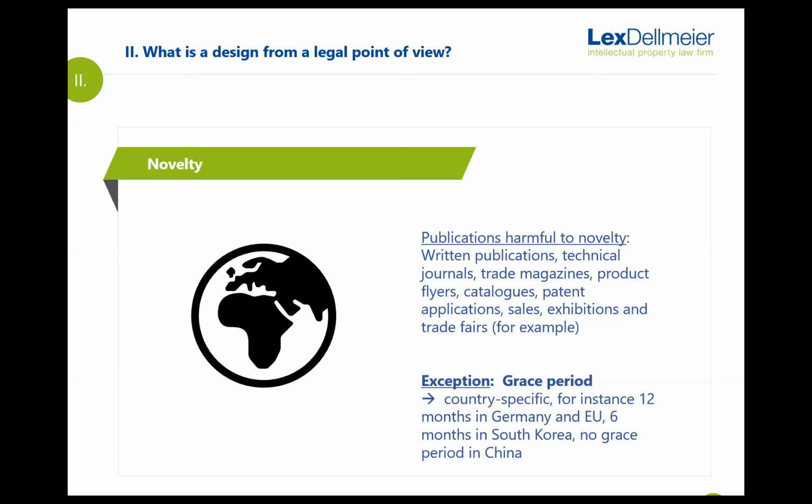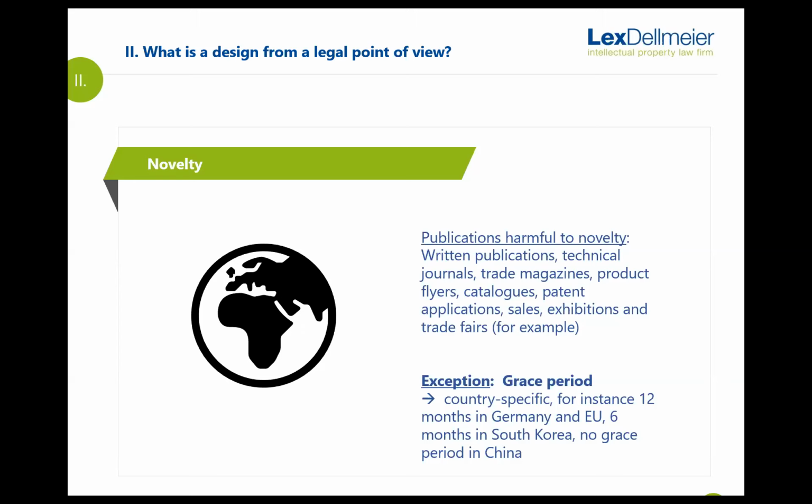That period is granted by the law to give you the possibility to see, is it worth putting more money and effort into a specific design, or does the market reject it and the product doesn't fly, as we say. So in Germany, EU, 12-month grace period.